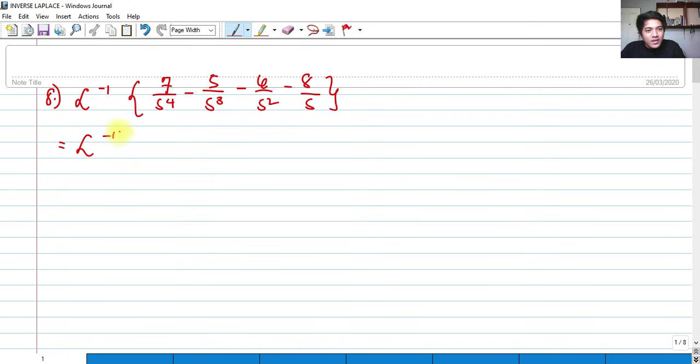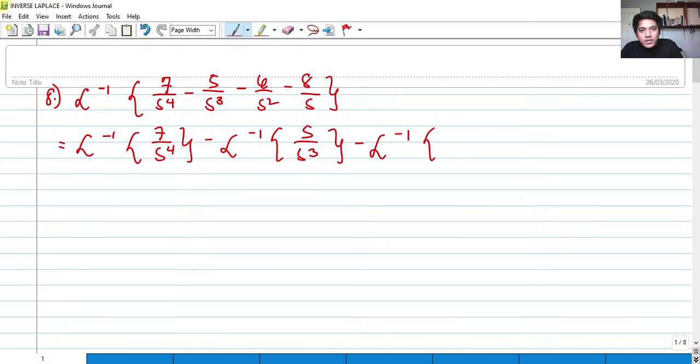Okay, let's just rewrite first. Inverse Laplace of 7 over s raised to 4 minus inverse Laplace of 5 over s cubed minus inverse Laplace of 6 over s squared minus inverse Laplace of 8 over s.